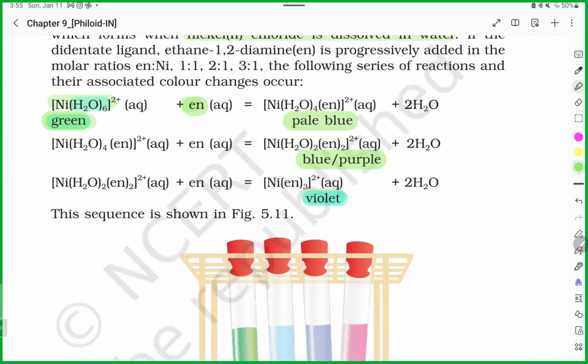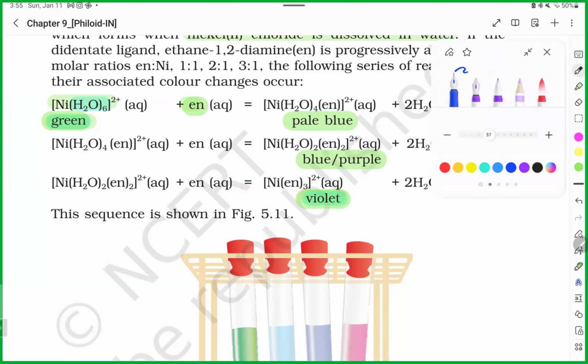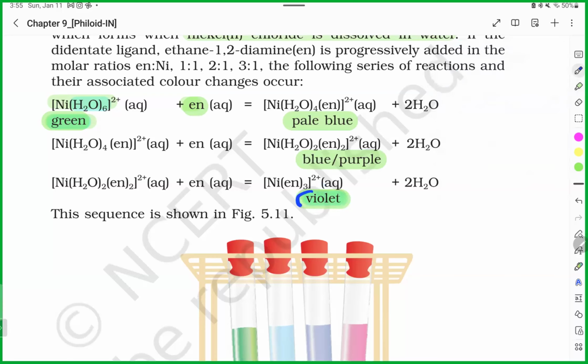When you add all en, the color changes again. What does it mean? It means the color of the compound depends on the nature of the ligand. This is the best example of how the ligand is responsible for the different color.